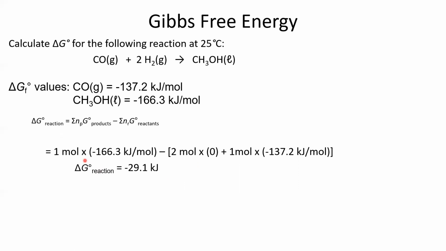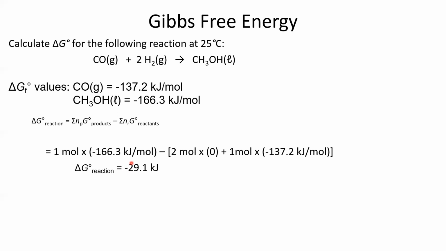Now, delta G deals with spontaneity. So if our delta G value is negative, good, it means the reaction is spontaneous. Delta H tells us whether the reaction is endothermic or exothermic. Delta S tells us whether we're increasing or decreasing the disorder in the system.